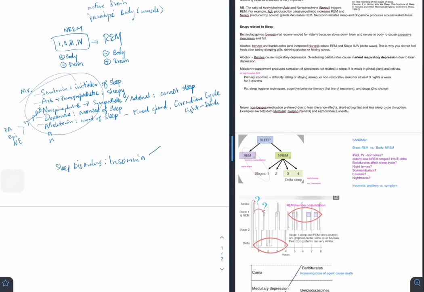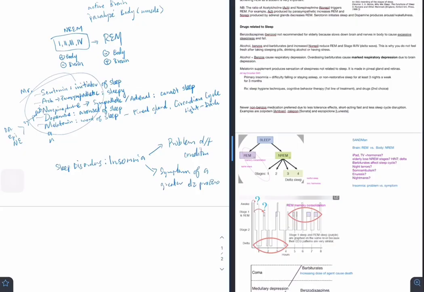Why? Because it could be a problem due to a condition or leading to a condition. Or perhaps it's just a symptom of a greater disease process.